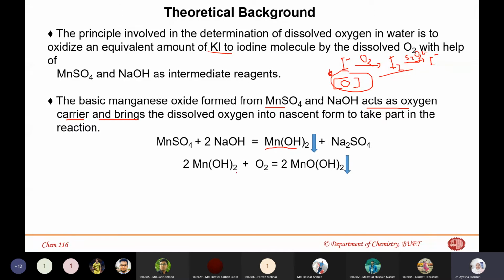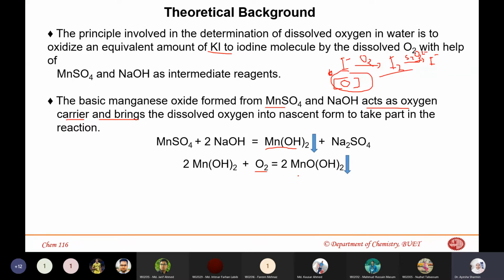So it will interact with the oxygen present in the water and form this MnOOH2. You can see 2 moles of manganese hydroxide interact with 1 mole of oxygen to produce 2 moles of MnOOH2. Here the manganese could be trivalent, or it can also form MnO2.